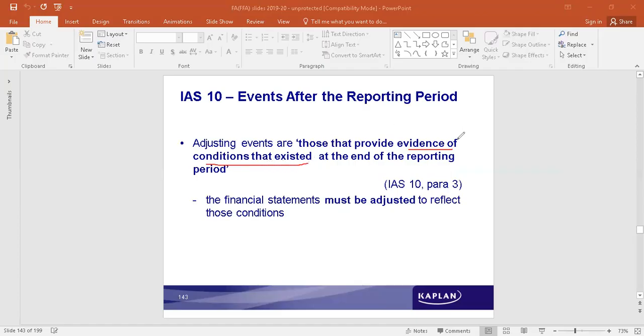What do we do if there is evidence that these transactions took place or the conditions existed? The financial statements must be adjusted. So even if they are realized after the closing date, let's say if it is March 31st, the event appeared maybe on April 2nd or April 3rd.